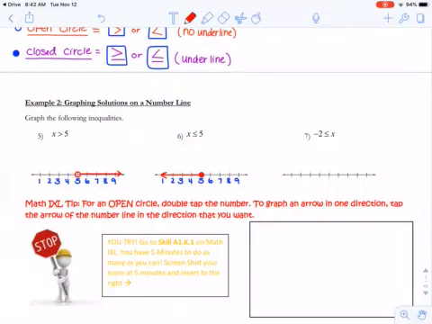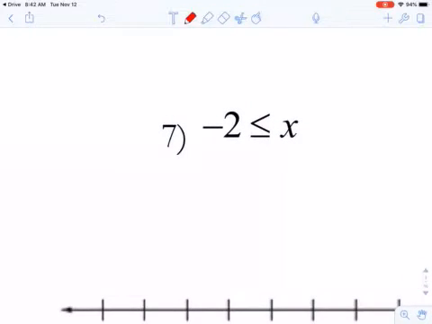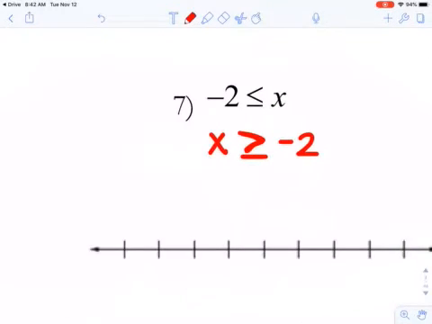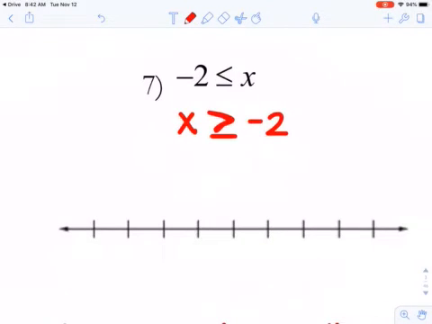Number 7 is written backwards. So this is kind of strange. I like to rewrite it. So see how the open part is facing the x? I'm going to rewrite it so that the x is on the left side and the open part is still facing the x. There's still an underline, and the -2 goes on the other side. It's almost like we swapped the sign, but really we just wrote an equivalent statement.